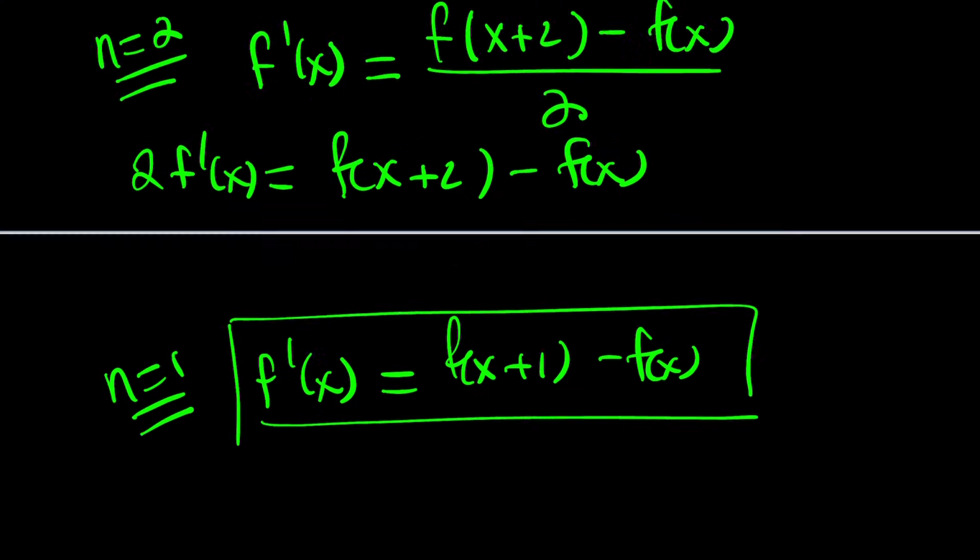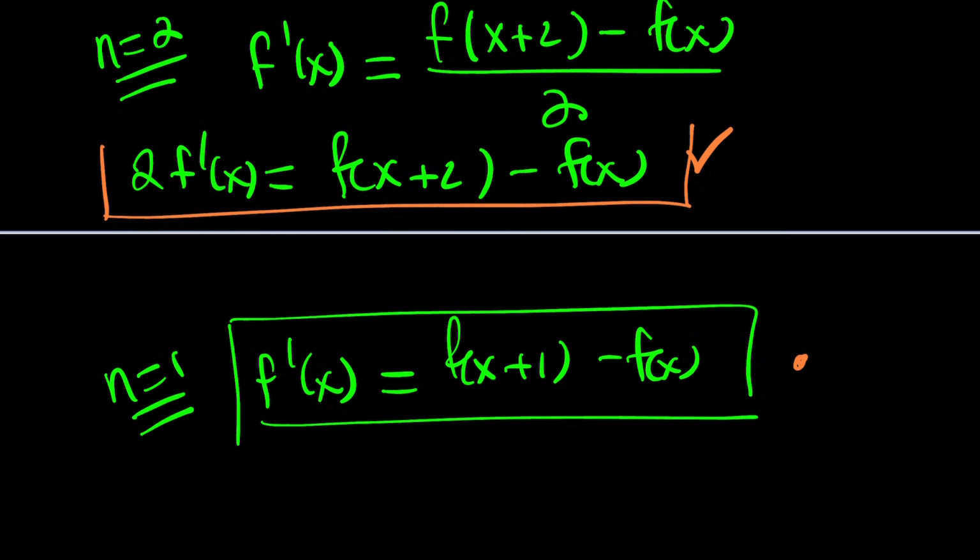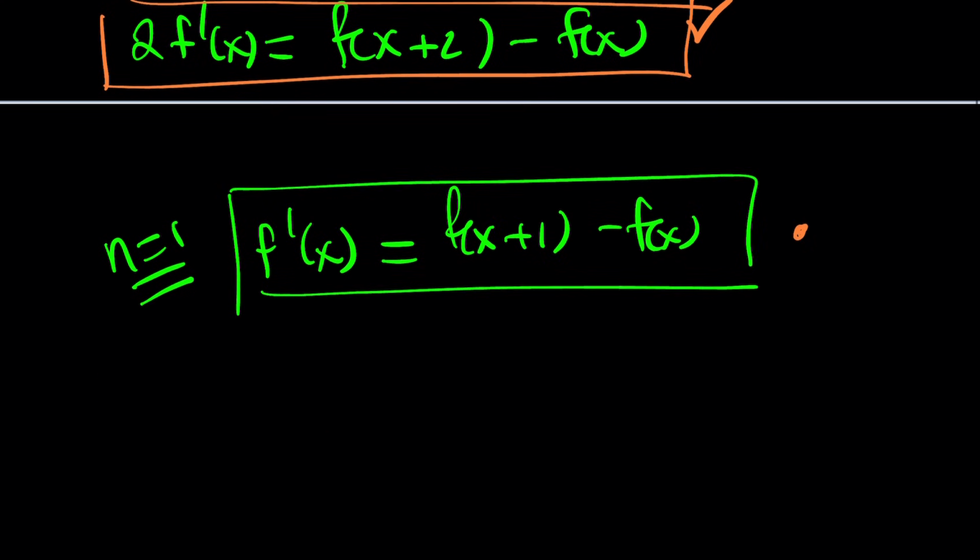Now, back to this. How do we use this information along with this one? We're going to use a well-known trick that we often use with proofs of limits in calculus, in real analysis, and so on. And that is taking this equation and breaking it down like this: f of x plus 2 minus f of x.